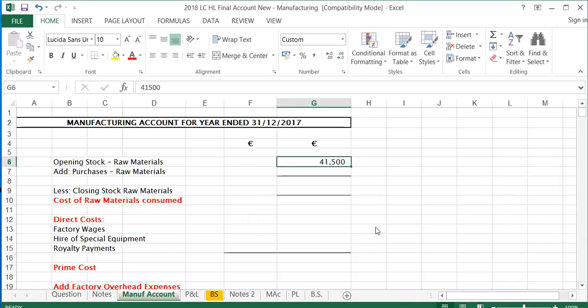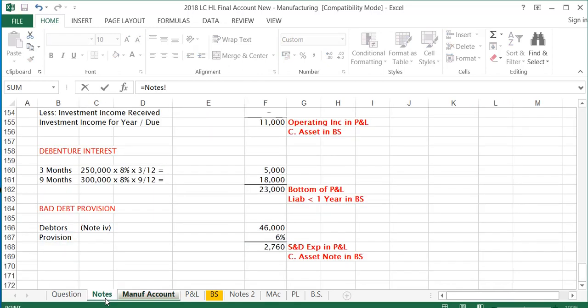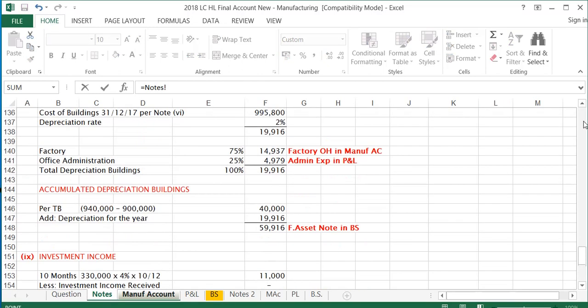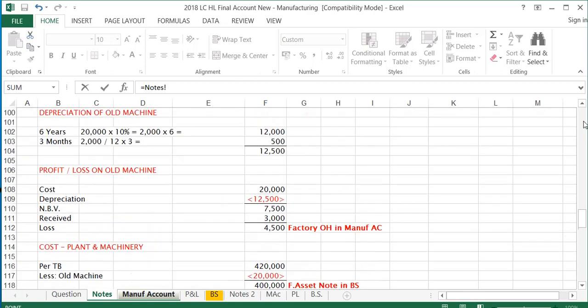So the opening stock of raw materials is 41,500, which is coming from the trial balance. To that, we're going to have to add the purchases of raw materials. So purchases of raw materials, I'm going to get from the notes because there were a couple of changes to purchases of raw materials.